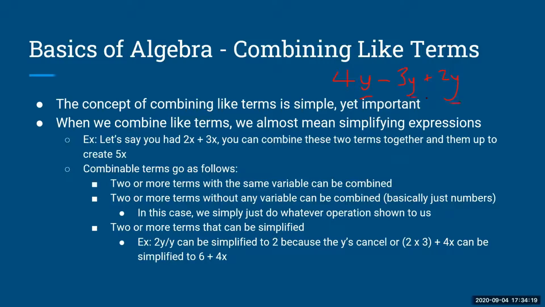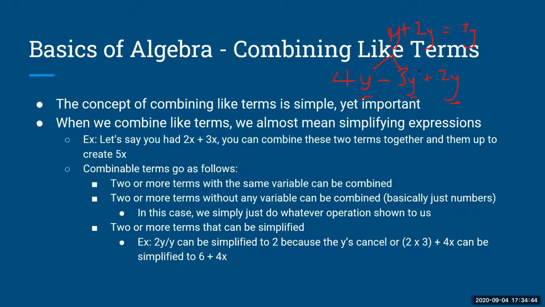And when you combine like terms, you can just go any direction you want. So 4y minus 3y would create 1y, which is just y, because 4 minus 3, you just subtract the coefficients, plus 2y creates 3y, right?